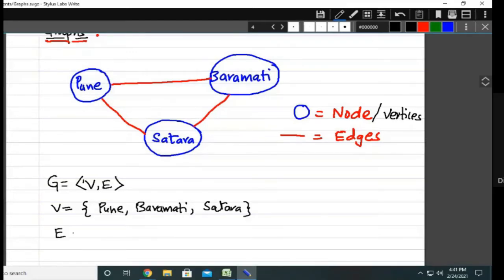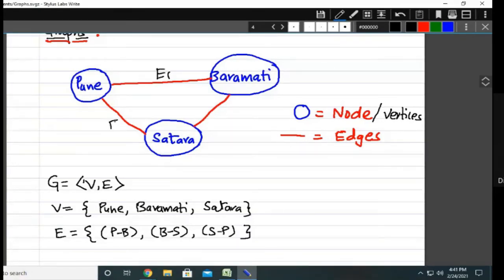Then if you consider E, the set of edges, you can either label them, or say Pune to Baramati, Baramati to Satara, and Satara to Pune. So these are the three edges, or you can call them E1, E2, and E3, and this is how you represent this particular graph.